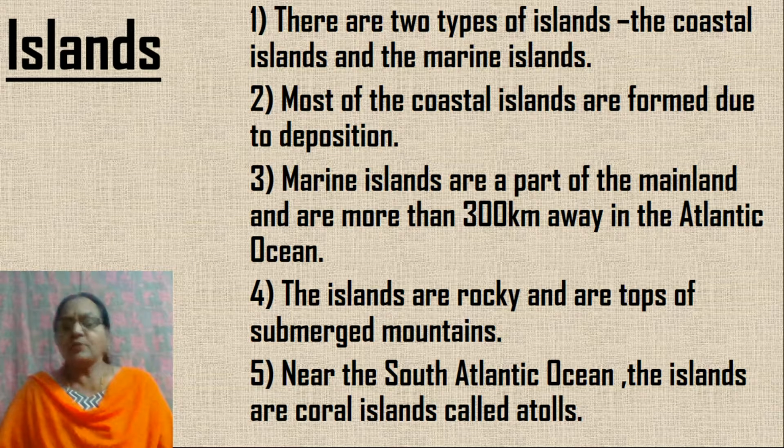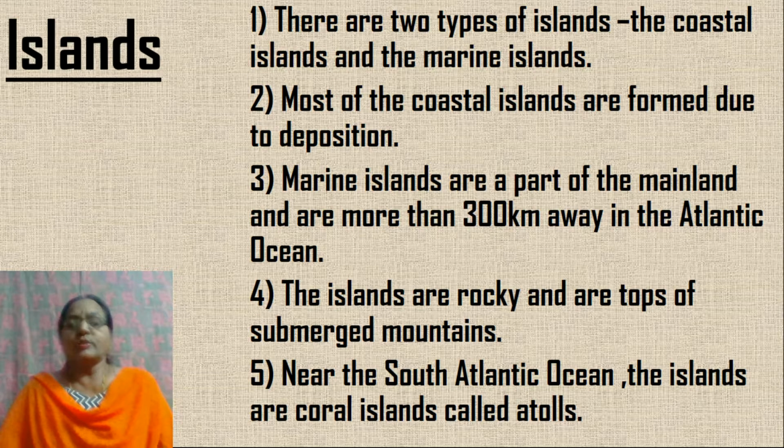Then we also have marine islands, which are found further away from the mainland, about 300 kilometers away in the Atlantic Ocean. Most of the marine islands are usually rocky, and these are submerged peaks of mountains. Then, near the South Atlantic Ocean, we also have coral islands, and these coral islands are called atolls.